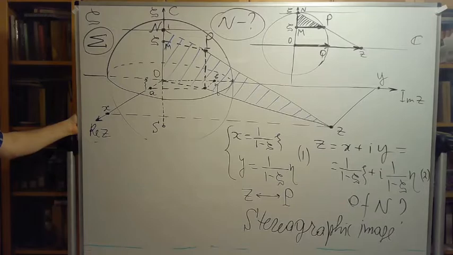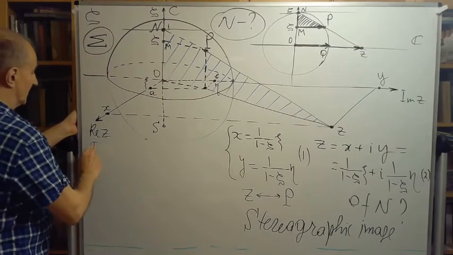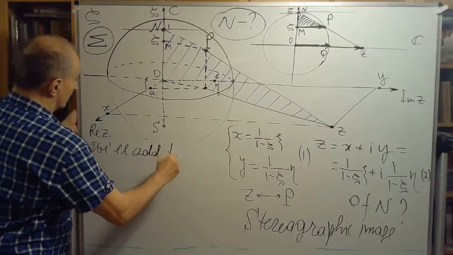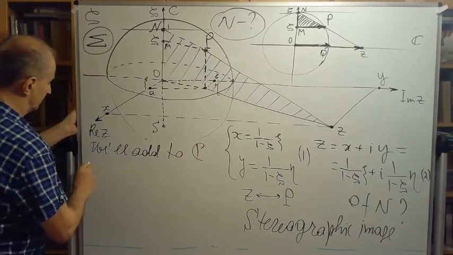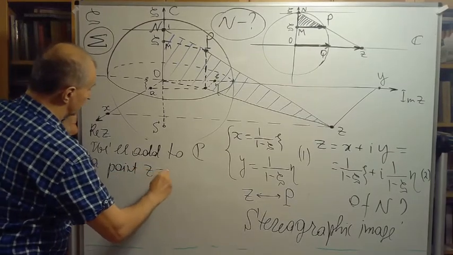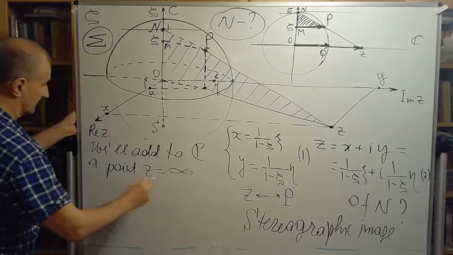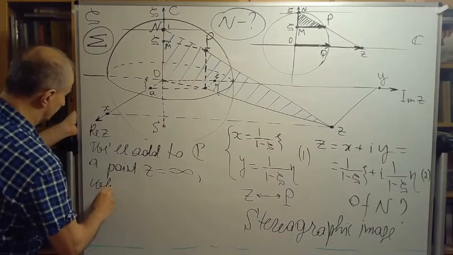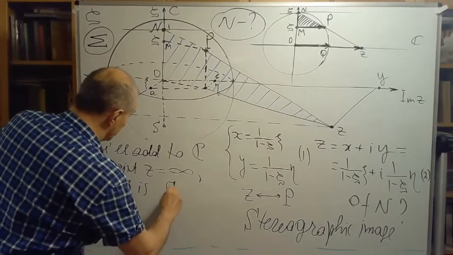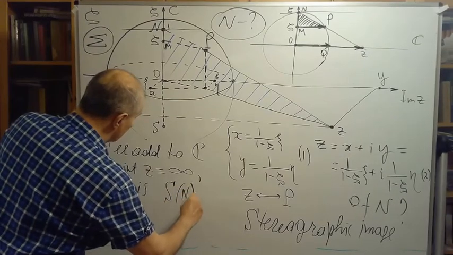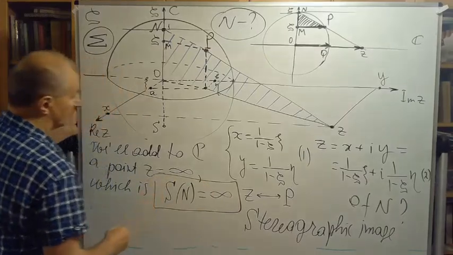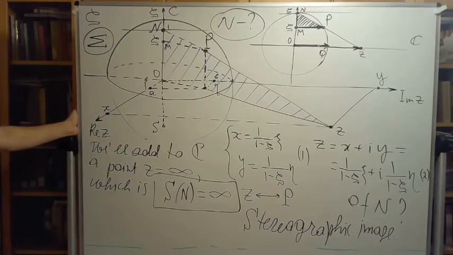However, we will enrich the complex plane. We will add to the complex plane a point z equals infinity, which is the stereographic image of the North Pole.